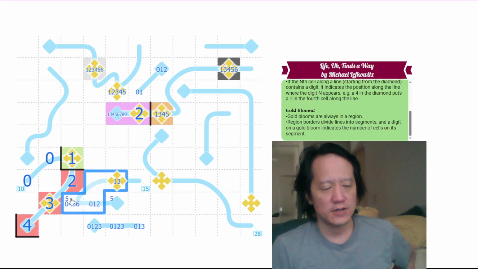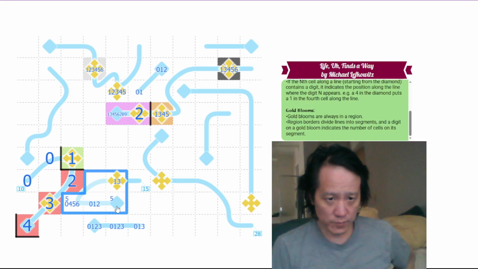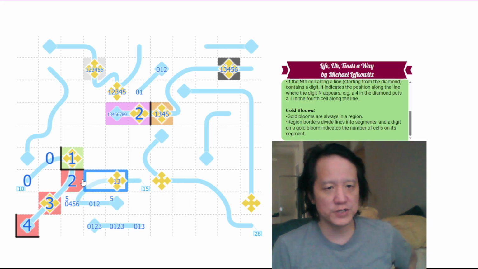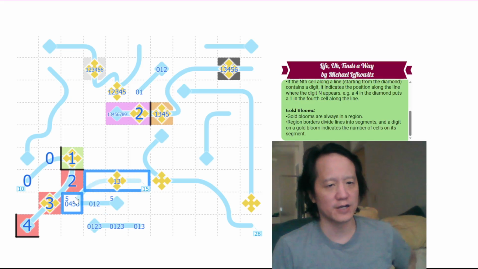Because it cannot be part of the red if it's 3. 4 could not be part of this. 5 could not be part of this because it would have to be like all 5 here. 4 cannot be part of red, but the problem is then it would have to be like 1, 2, 3, 4 as a segment, and that would block the red. This couldn't work as a segment because then this would be a different segment, and then this would not be orthogonally connected to each other.